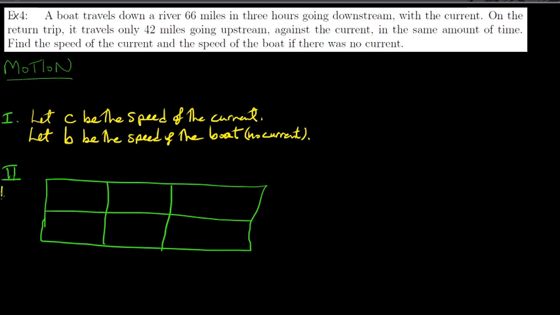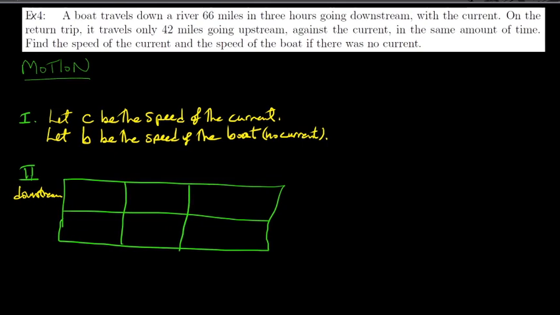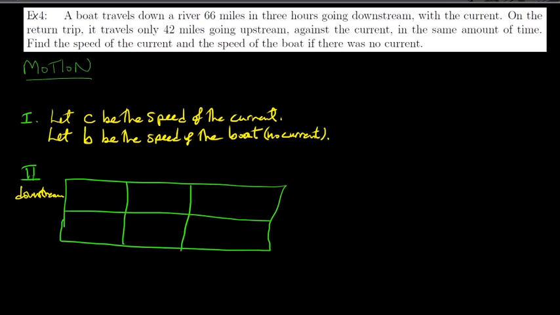So this is going to be downstream. And on the return trip, you're going against the current, so you're going upstream. So this is with the current. This is against the current.